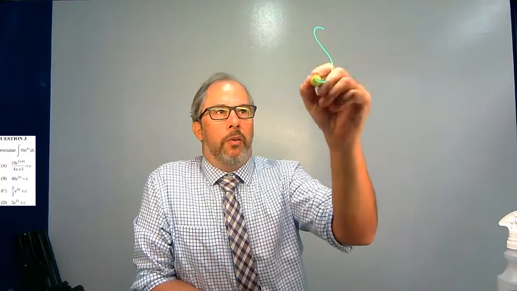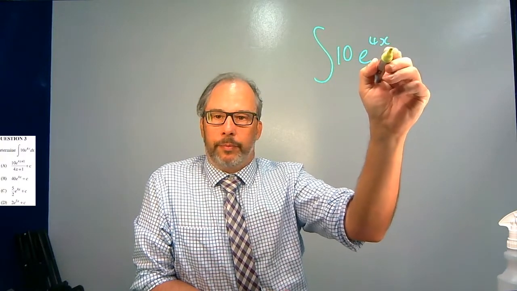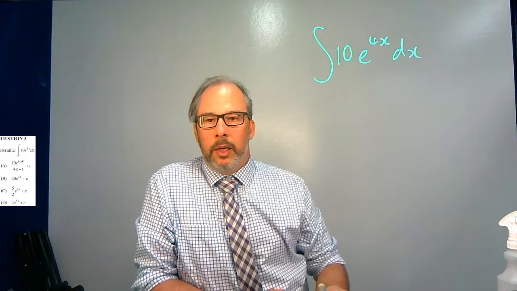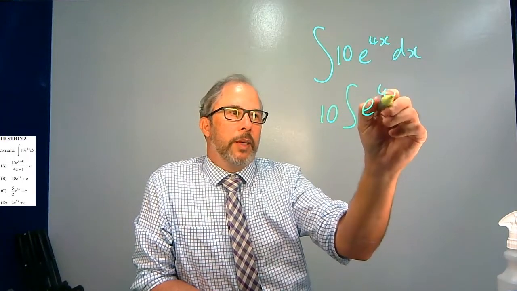And moving on now to question number 3, where we have a bit of an integral question here. So we've got the integral of 10 e to the 4x dx, and you could write that as 10, the integral of e to the 4x if you like.